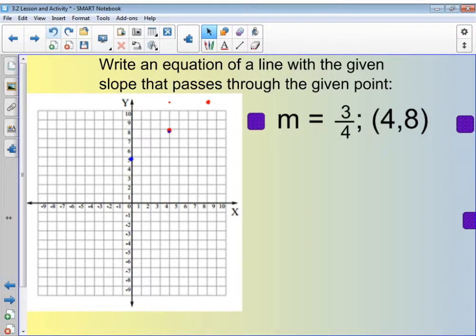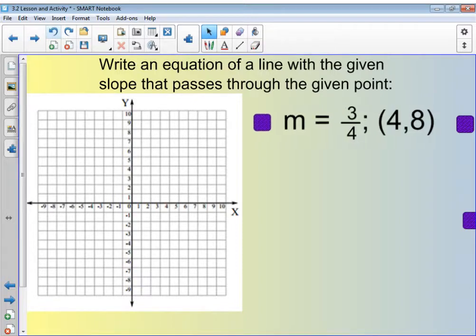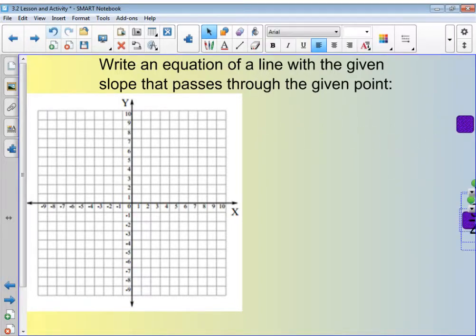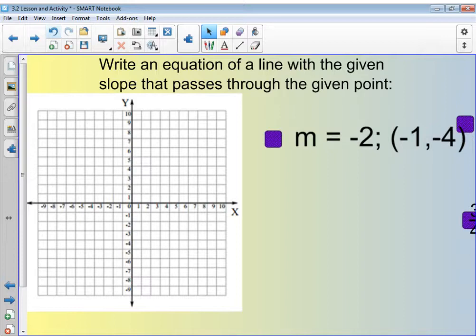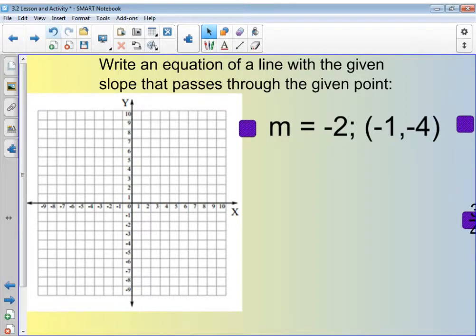Okay, so I want you to go ahead and try this next one on your own, and then pause your video and check back on what the answer should be. Okay, so your coordinate set is -1, -4. So remember, start here.